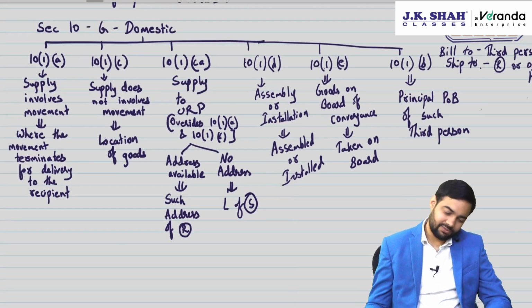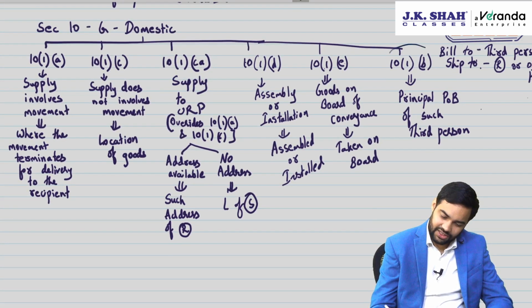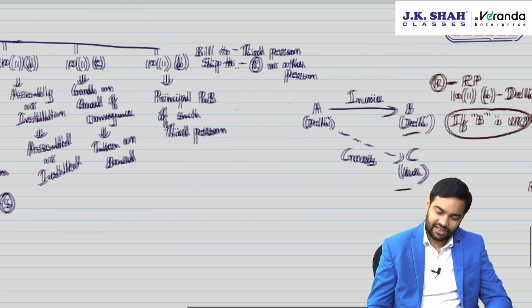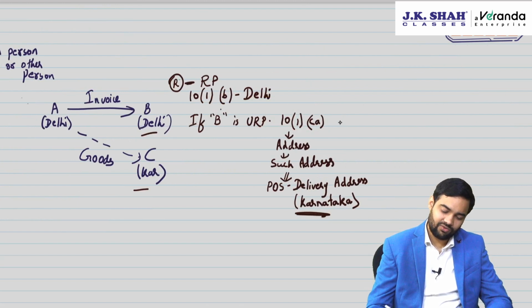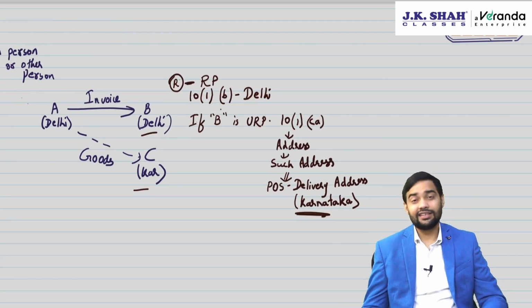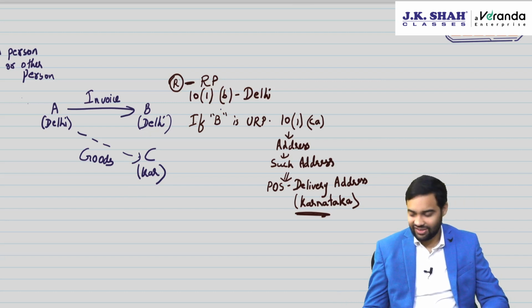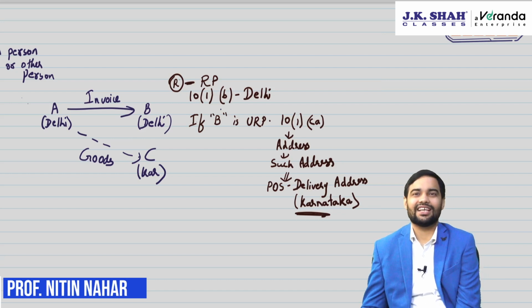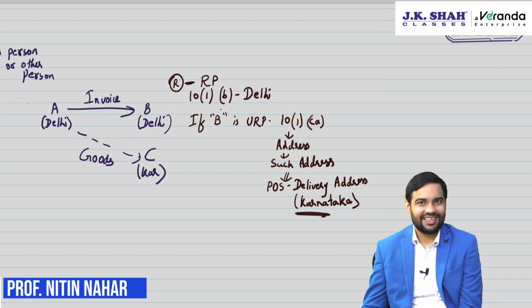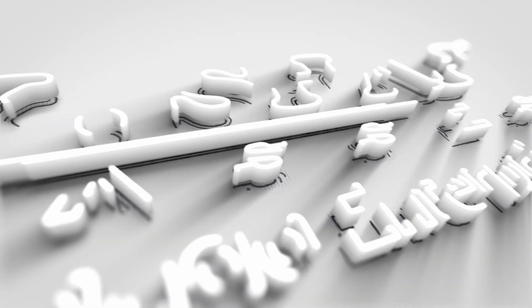Be very careful between 10.1 CA and 10.1B, because 10.1B now technically is applicable for exams to a registered person. If it is to an unregistered person, then you have to go by 10.1 CA, and the address will be the address of delivery, applying that government is trying to use the consumption principle. Yes, revise it again. See you in the next video.